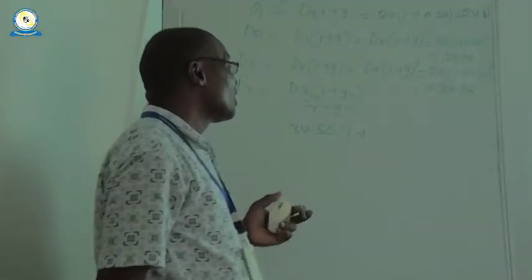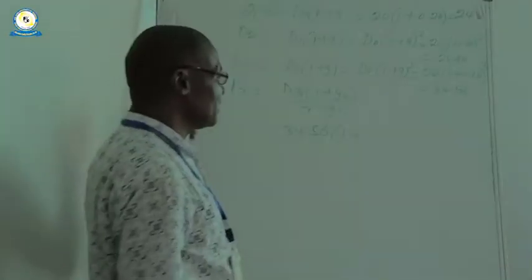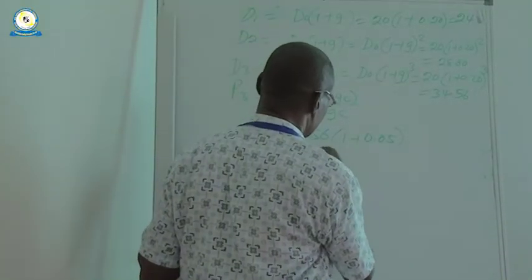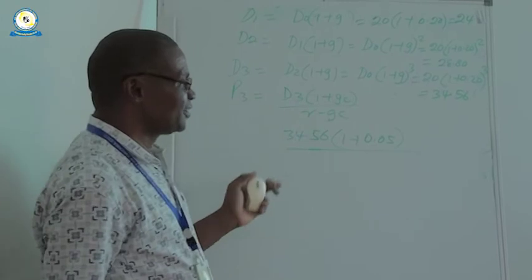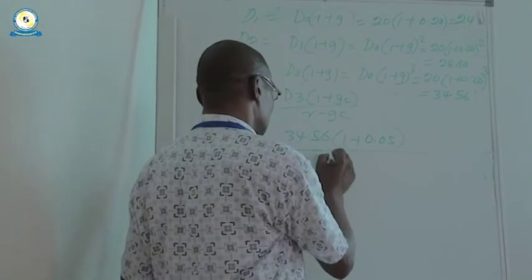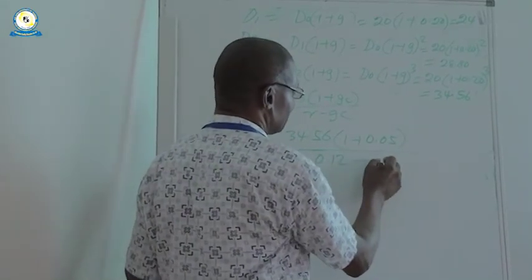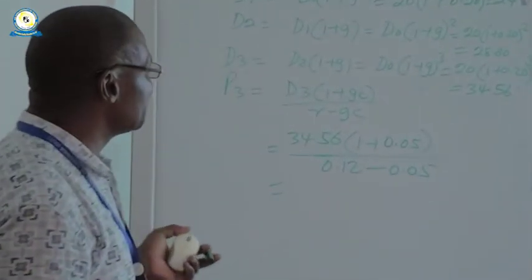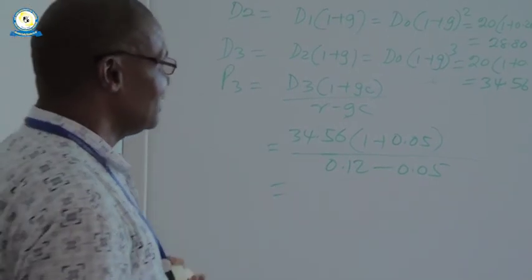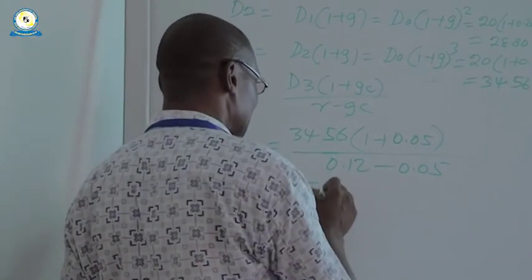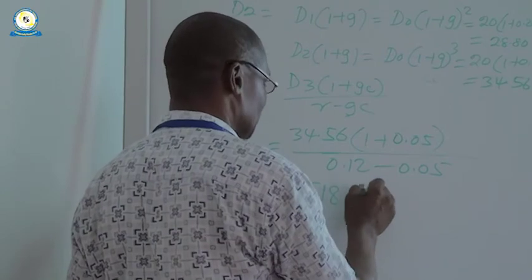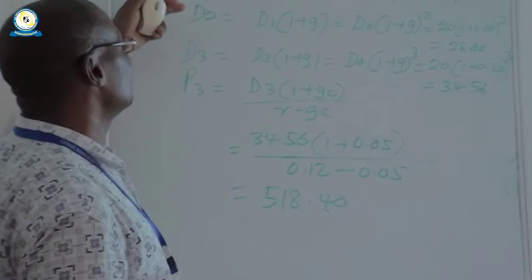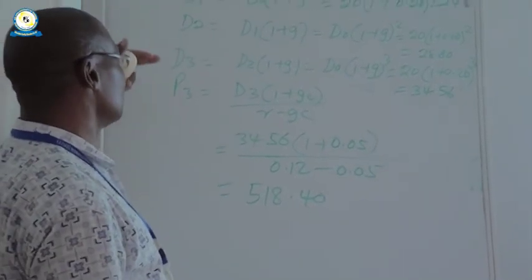GC is the constant growth rate, which we were given as 0.05, divided by our rate, which is 0.12, minus 0.05. If we calculate this, we get P3 is equal to 518.40. So we now have D1, D2, D3, and P3.